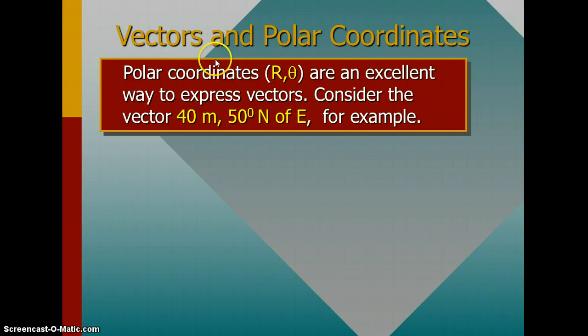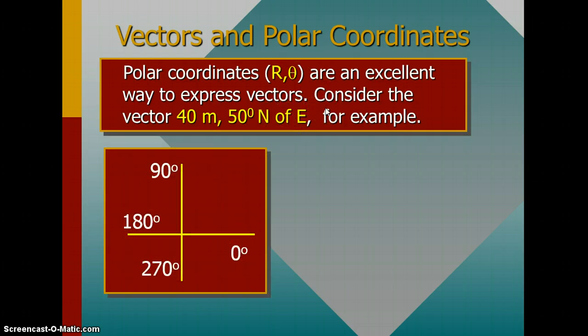So we can also use polar coordinates to identify vectors, and they're an excellent way to express vectors. Consider the vector 40 meters, 50 degrees northeast, for example. So we are located right here in the northwest quadrant, and my vector should be 40 meters, and it has a 50-degree northeast direction, which is this one.